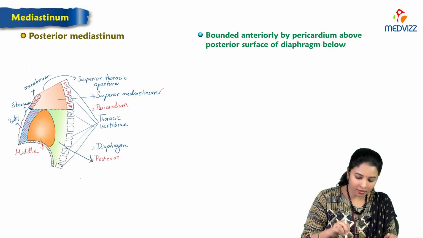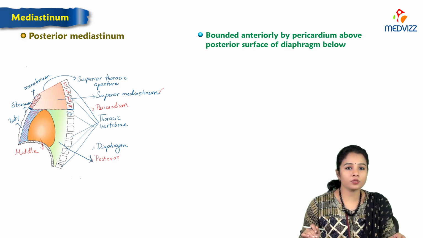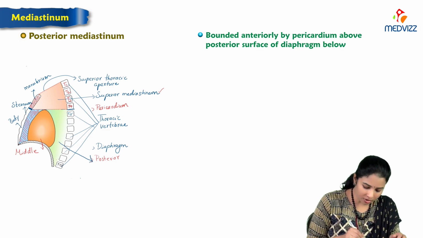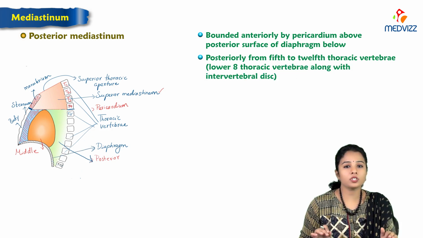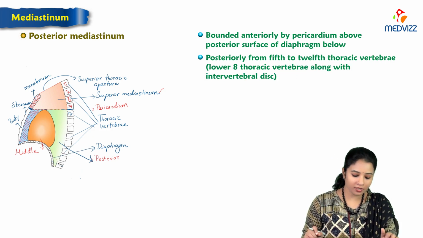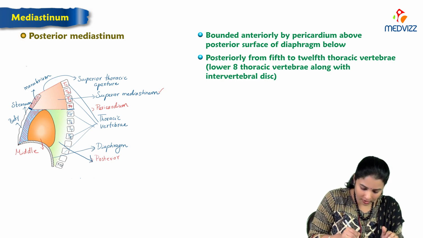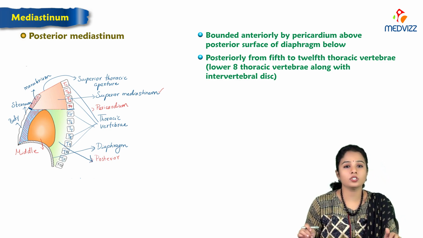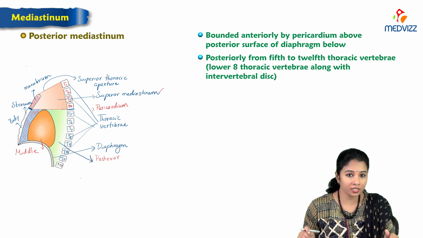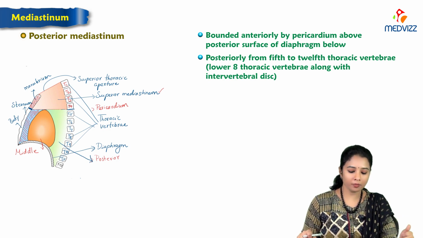Here we can appreciate anteriorly the pericardium, and inferiorly it is related to the diaphragm, and posteriorly to the 5th to 12th thoracic vertebrae, that is T5 to T12, along with the intervening intervertebral discs, and superiorly the imaginary plane separating it from the superior mediastinum.